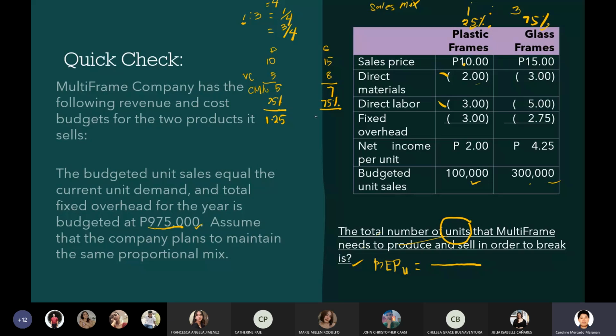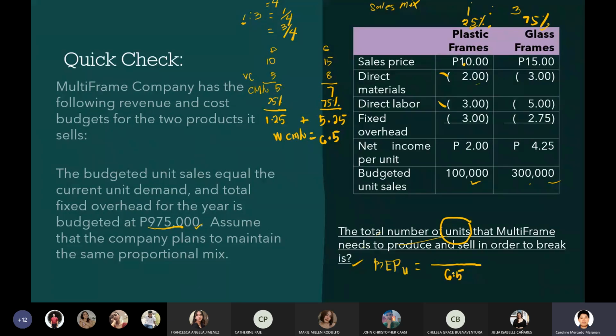Sa kabila ay 5.25. Tama, 5.25. So, ang ating weighted contribution margin per unit is, add mo lang, 1.25 plus 5.25, that would be 6.5.